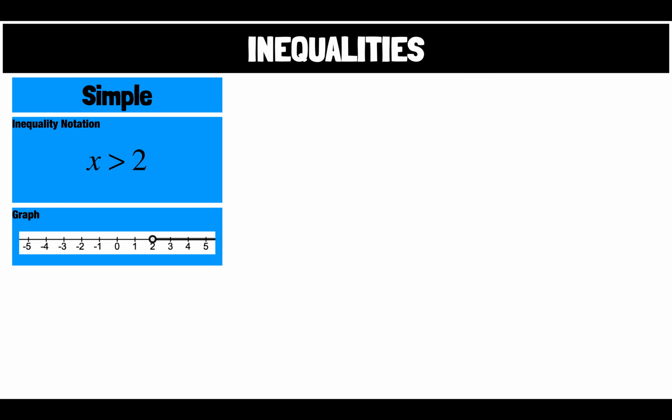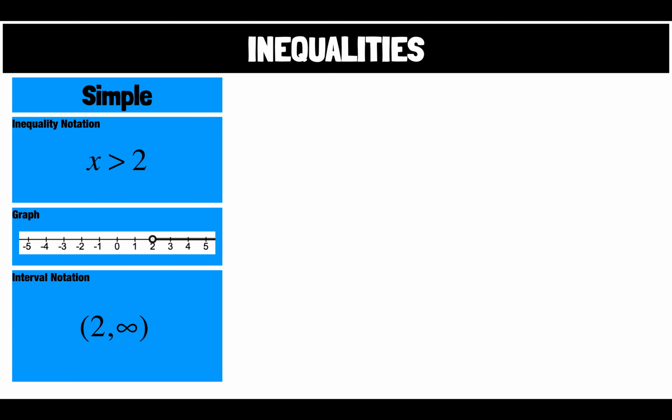The third way that we can represent inequalities is by using what's called interval notation. Interval notation is a way to represent an inequality using brackets or parentheses. For instance, here, this is how we would represent all of the numbers greater than 2. We know that the numbers have to start at 2 and go all the way to infinity. But we're using parentheses here because parentheses are not inclusive.